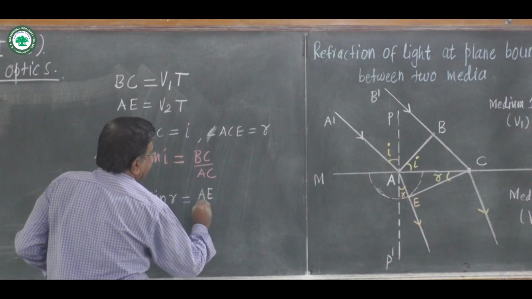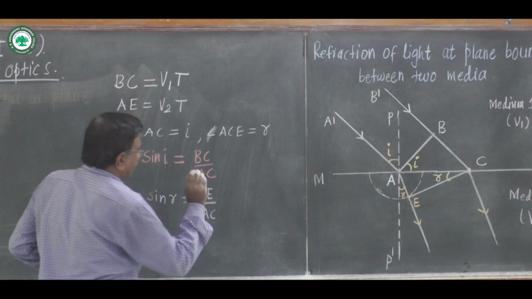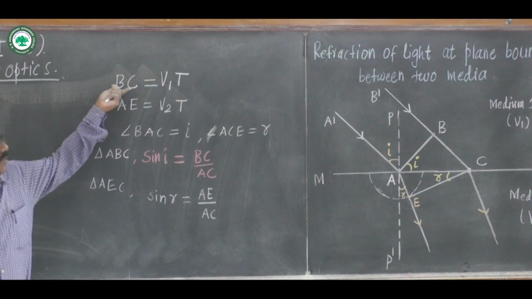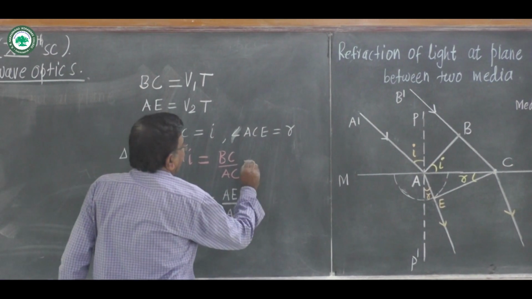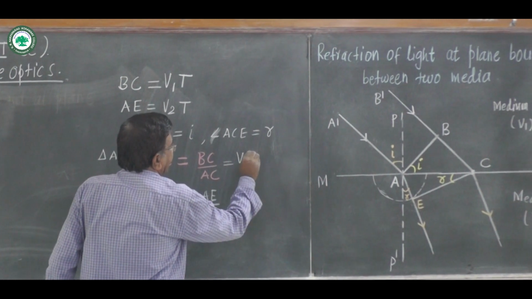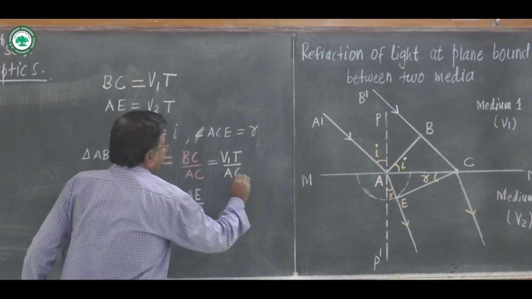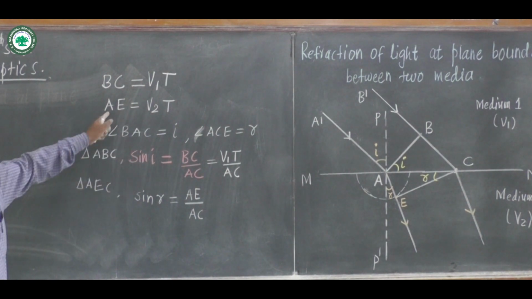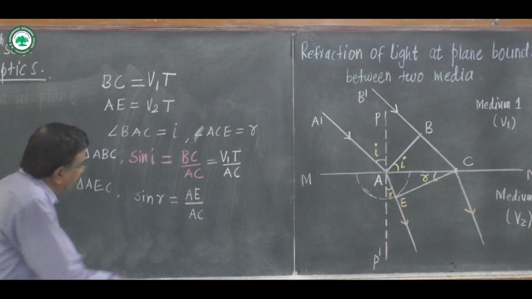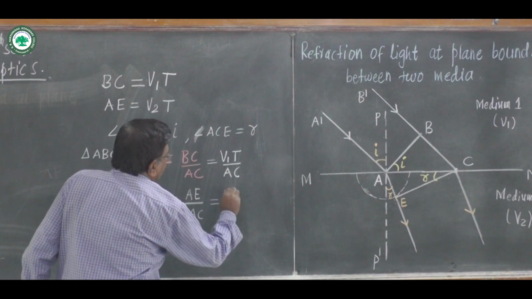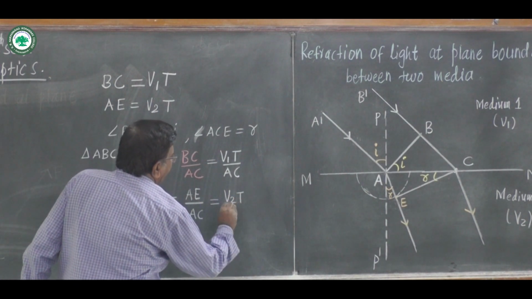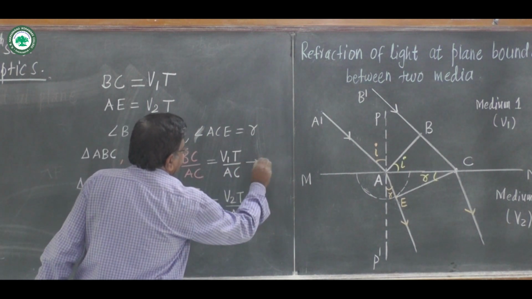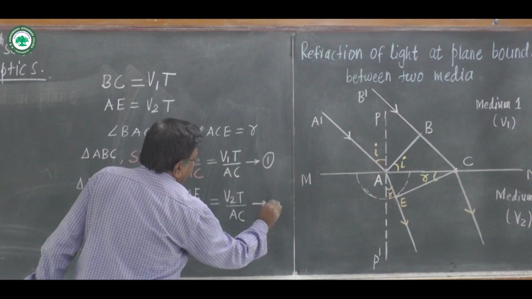But what is BC? BC is V1 into T, so sin I is V1T upon AC. And AE is V2 into T, so sin R is V2T upon AC. Suppose these are equation 1 and equation 2.